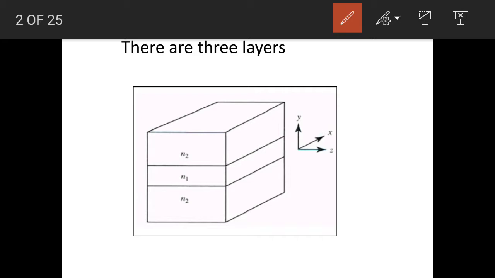So the dielectric slab waveguide consists of three layers. The central layer is known as film of the slab waveguide. The refractive index of this layer is N1. The refractive index of the top layer is N2, and the refractive index of the bottom layer is N2 as well.